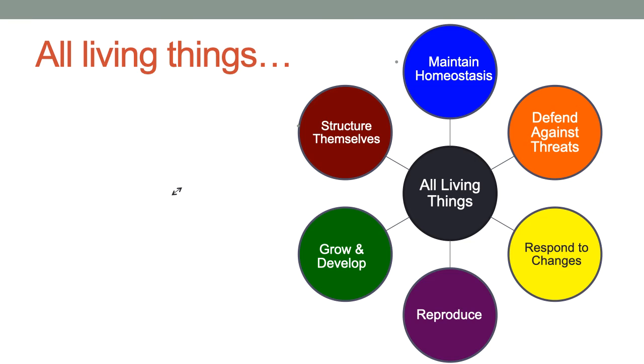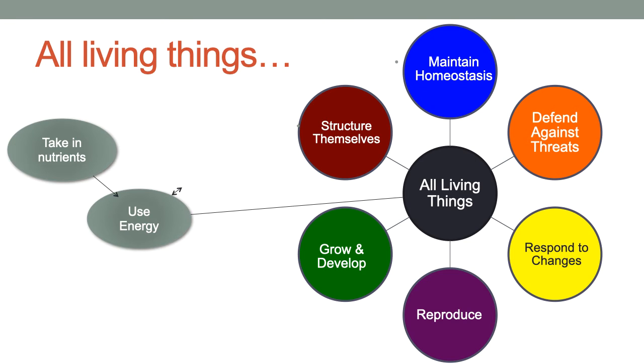And so this is basically maintaining homeostasis. Now, all of these things that I've talked about here are going to use energy. All living things have some sort of energy transformations that occur. And of course, to get energy, they need to take in nutrients.